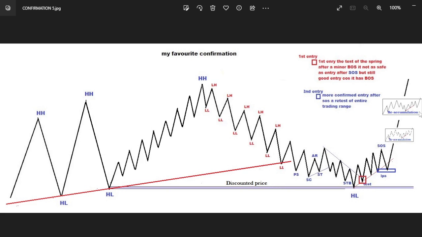You can catch 150 pips, but I can catch 50 pips or 25 pips with a 2 pip stop loss and still get 1 to 20, 1 to 25 risk to reward.